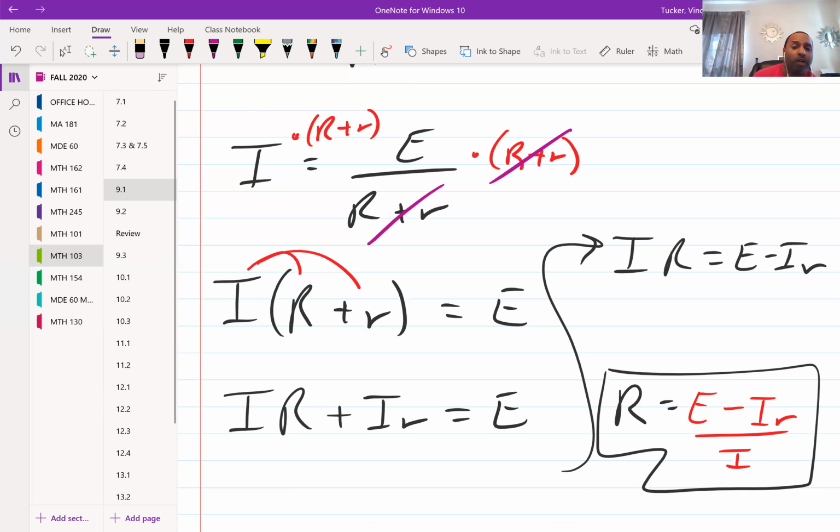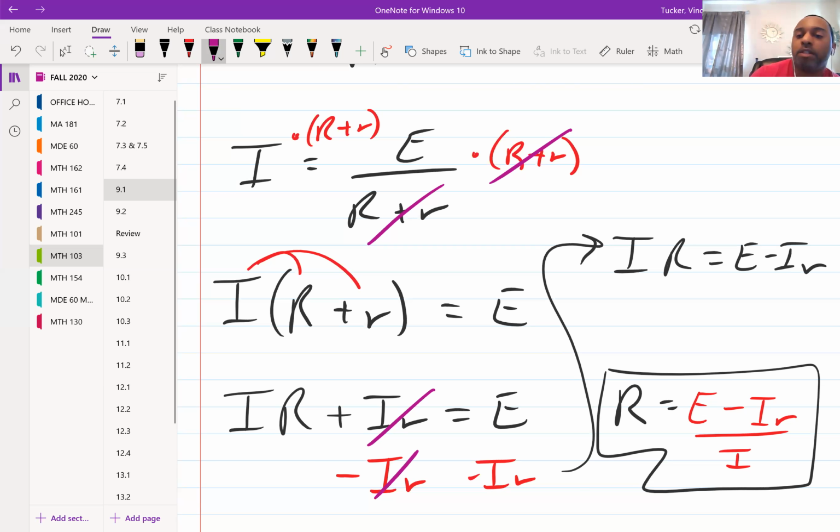So distribute capital I. So I times capital R plus I times lowercase r, and that's equal to E. And once again, your goal is to get capital R by itself. So we need to move this lowercase r and I, and we'll do that by subtracting the two. Well, that's one term.